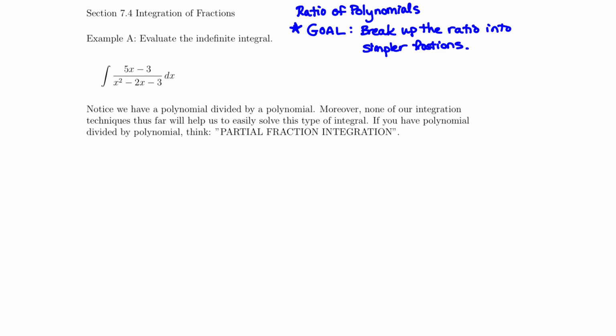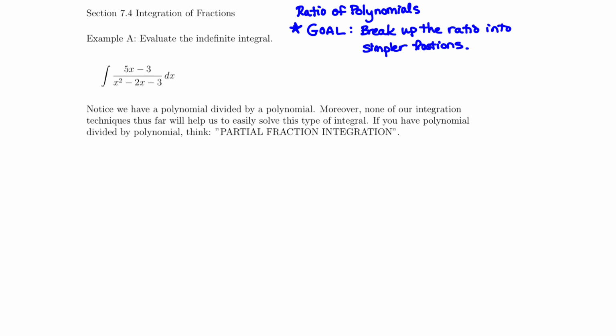So here we go. Step number 1. In order to break this up into smaller parts, we have to figure out what two fractions add up to make this big fraction. That's our goal. So you know you're going to have to deal with denominators and least common denominators when you talk about fractions, right? So your first job is to make that denominator simpler and write it as a product.